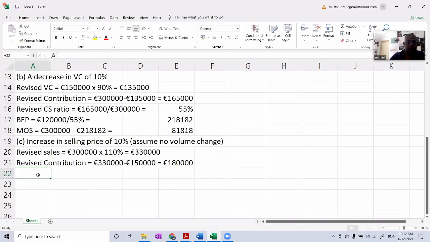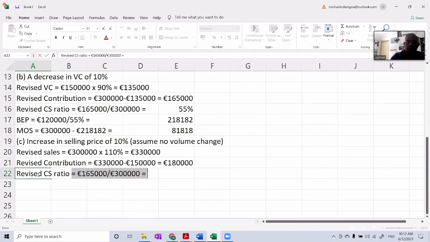Correct. So revised CS ratio is now 180 over 300, must be 60%.